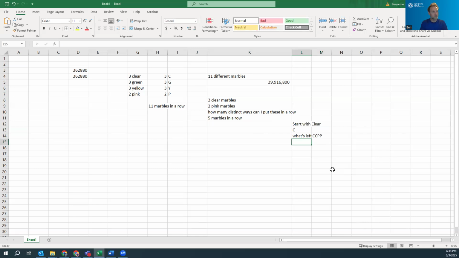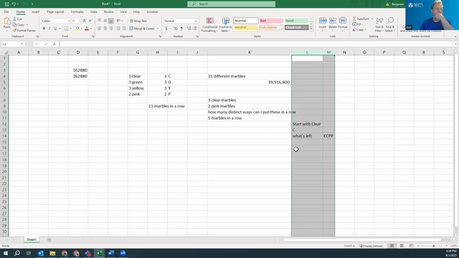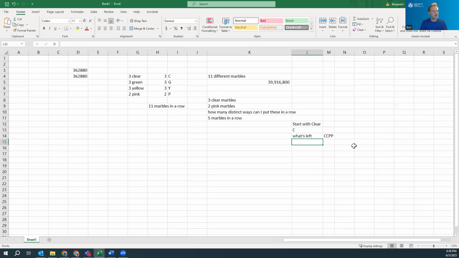So from there, I could either have C or P. If I do C, then what's left is CPP, and this is CCP.